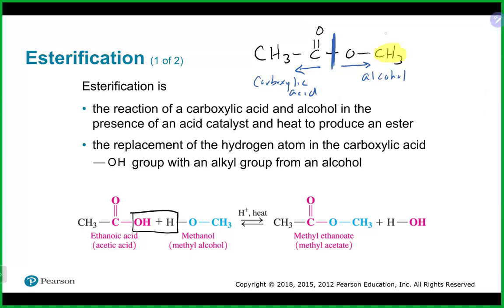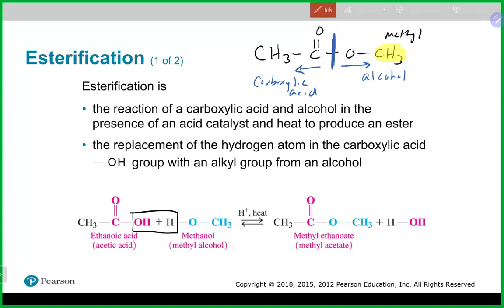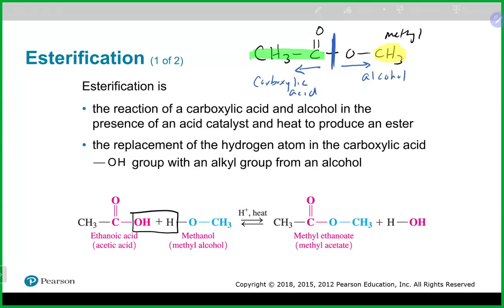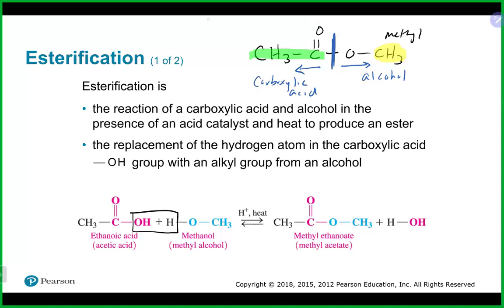Now, the carboxylic acid side has two carbons, which is an ethyl group, or basically based off of ethane. We drop the E off of the ethane and put OATE at the end, so ethanoate. And then we put those together, group first. So this is methyl for the alcohol or the smaller part, and ethanoate for our carboxylic acid part.